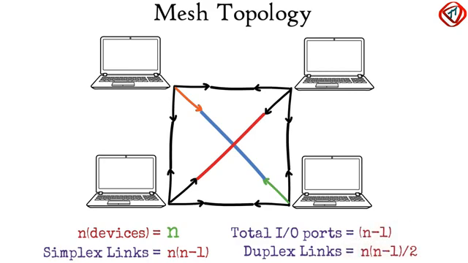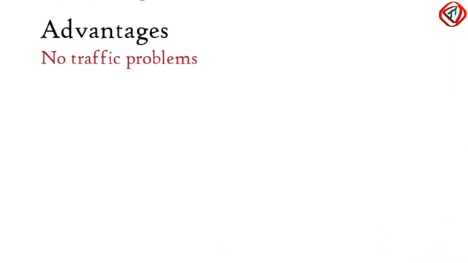So, if the total number of computers to be connected is 10, then the total number of duplex links will be 45, and each device should have 9 input-output ports, which would be difficult to manage and also increase the cost. However, the dedicated point-to-point link eliminates traffic problems, which are encountered if a link is shared among several devices.